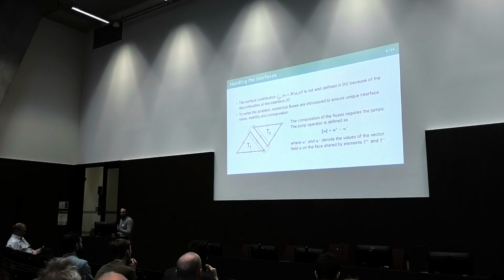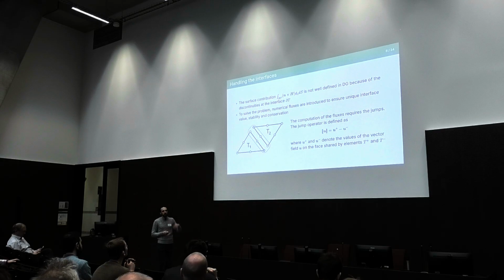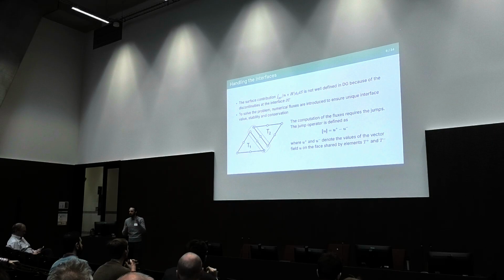And as I told you before, we don't have unique values at the boundary, so we need to emulate something so that the values at the interface are uniquely defined, to ensure unique interface values, stability, and also conservation. In DG, what we use is called the numerical flux, in order to emulate continuity at the interface.